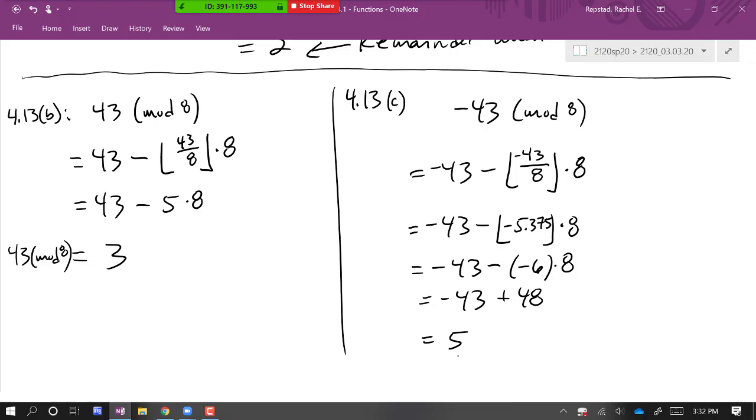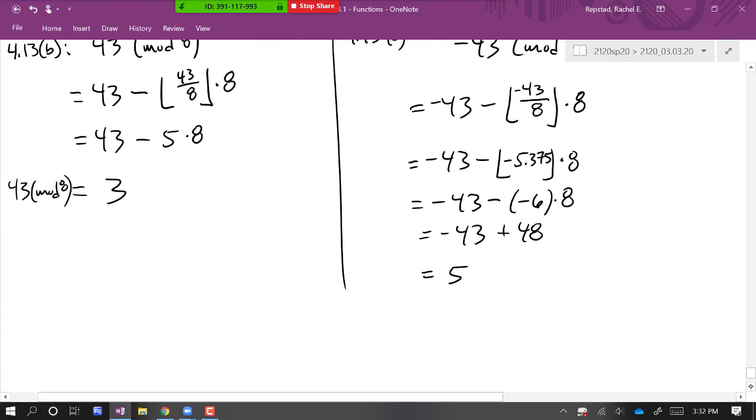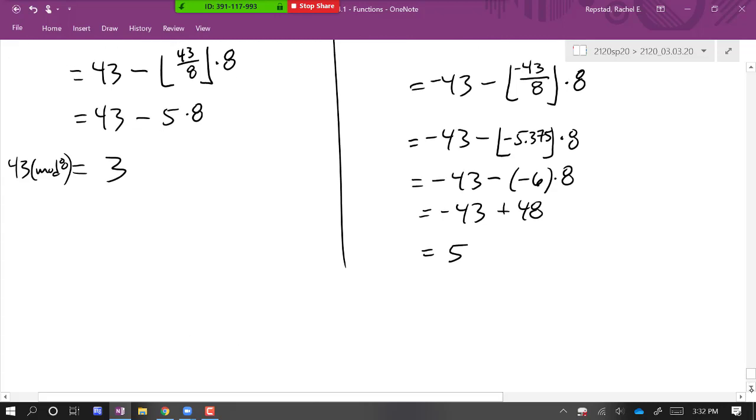We have to be a little bit careful. It's harder when we do negative 43 mod 8 to just think of it as a remainder upon division by 8. That type of thinking works great when it's positive. Now, think about all the remainders you can get when you divide something by 8. We're almost done here. What are the remainders you can get? 1 through 7.